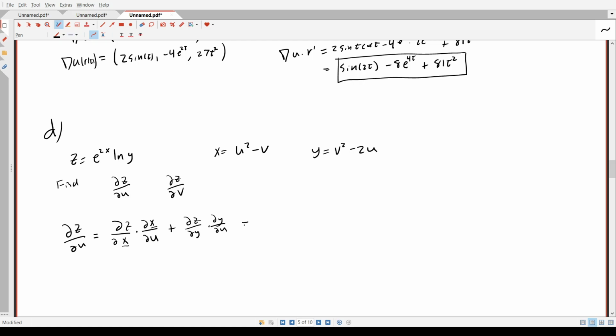Okay, so this dz/dx is going to be 2e to the 2x ln y times dx/du.